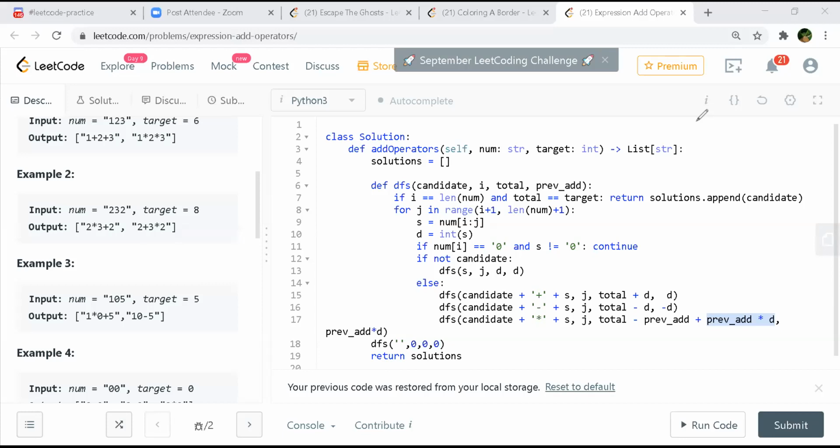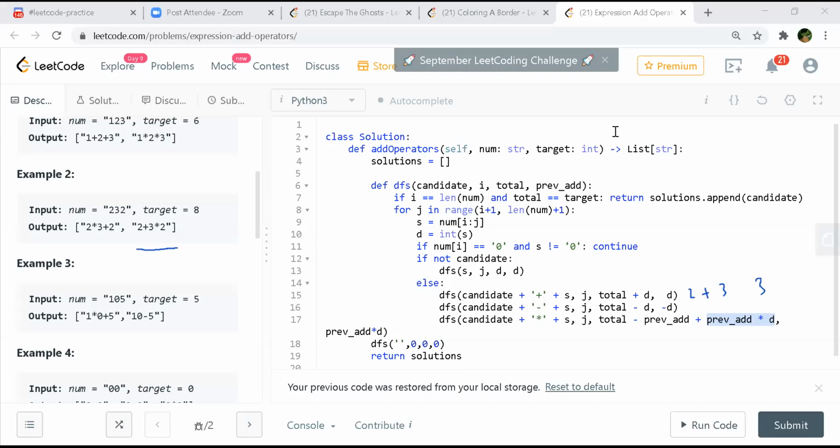Then you are passing D, which will be 3 in this case. So you pass 5 and then 3. Let's just focus on this one for now. When you come back again in the DFS, you'll be coming to line 17 at that time, because it's multiplication.